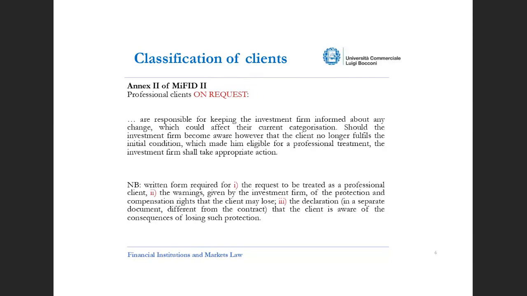In any case, the investment firm, when it receives this request from the client, must always carry out its own individual assessment, and it must really be convinced on the basis of its own internal evaluation that the client is truly in a position to be considered as a professional client without any ambiguity, so to say.